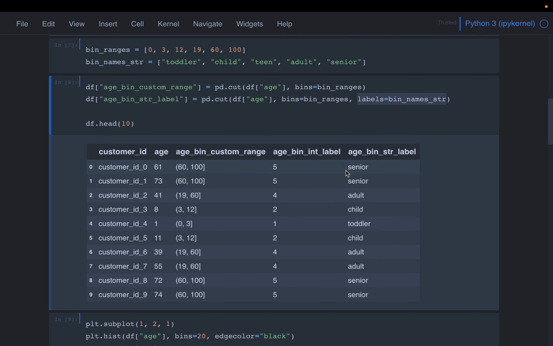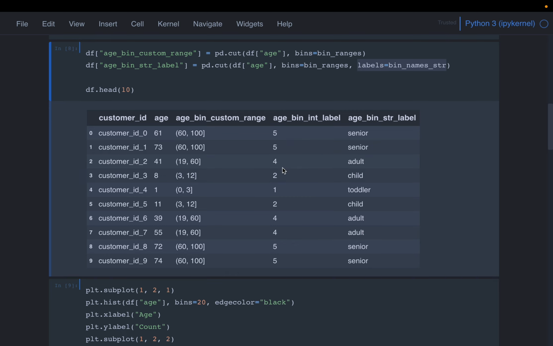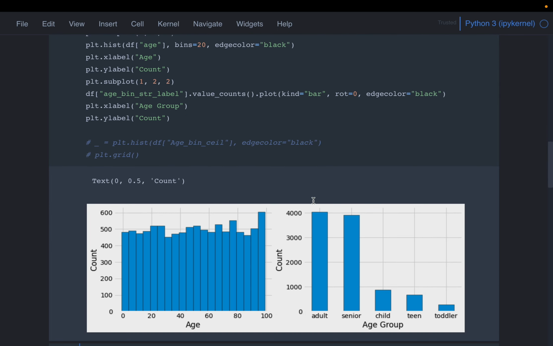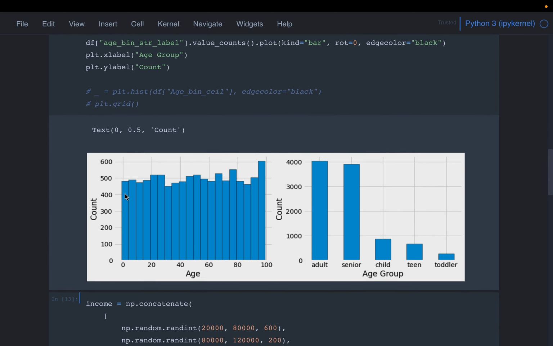So these are called ordinal categorical variables. They have some order to them. So either you can convert them to integers like this, or you can use them as one-hot encoded variables in the model.